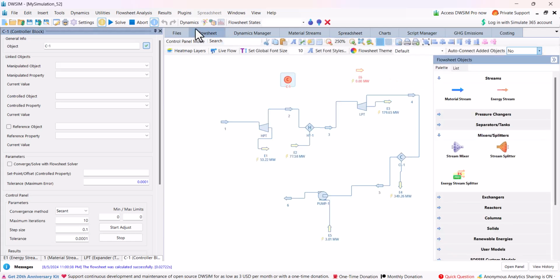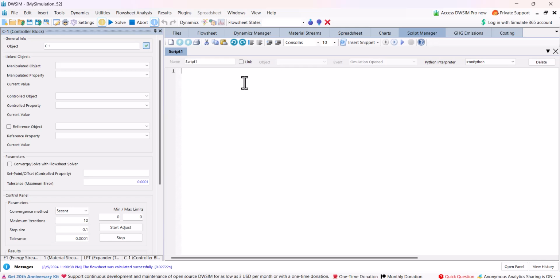It will be E6. Just remember it's E6. So we will write E6 dot energy flow is equal to E1 dot energy flow plus E3 dot energy flow.